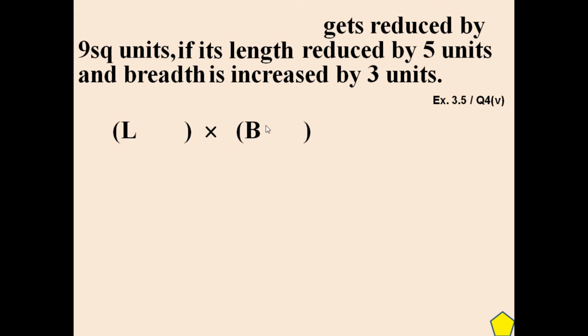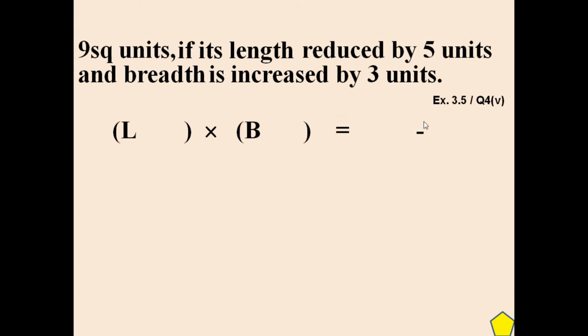L into B. However, it says it is getting reduced by. Now, the mathematical meaning of the English phrase gets reduced by is not just equal to, but it is equal to, and something is getting subtracted.